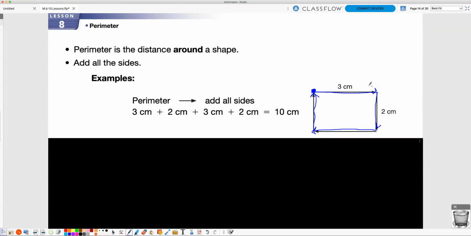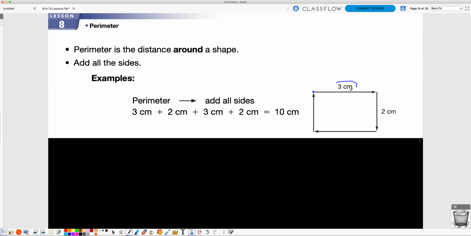So if all I did was move from one corner all the way around the perimeter of this rectangle, I would get myself back to this point again, and I would have traveled 10 total centimeters.